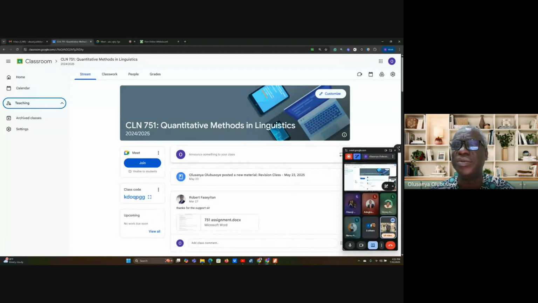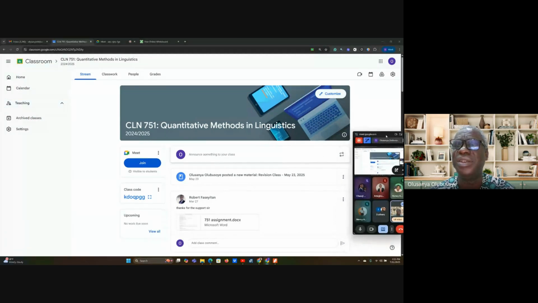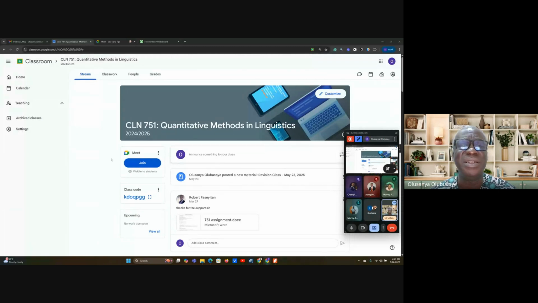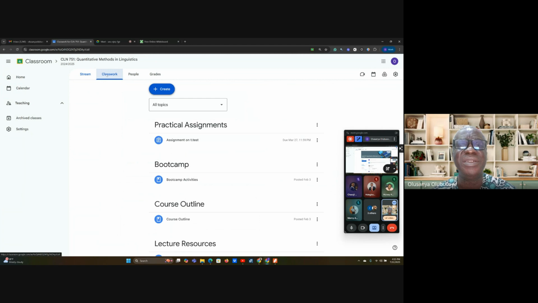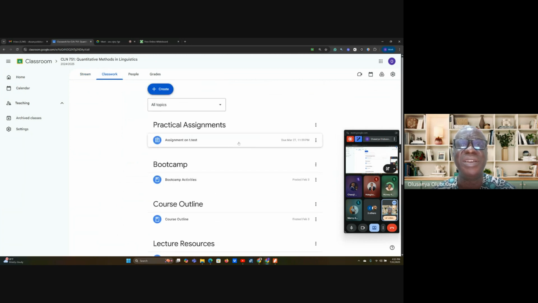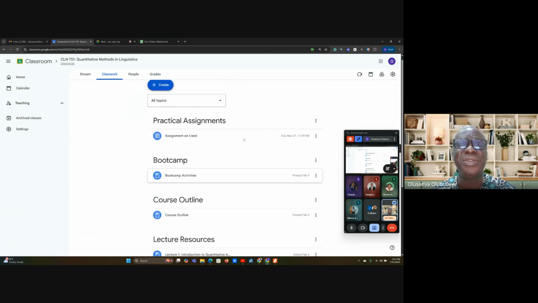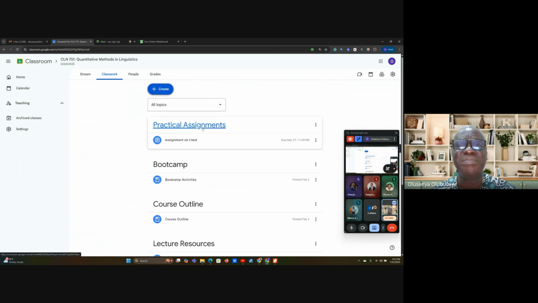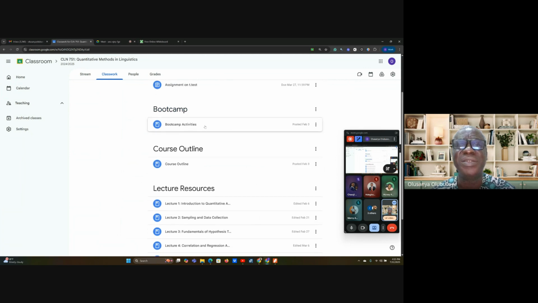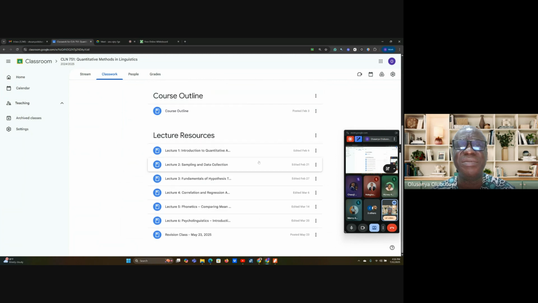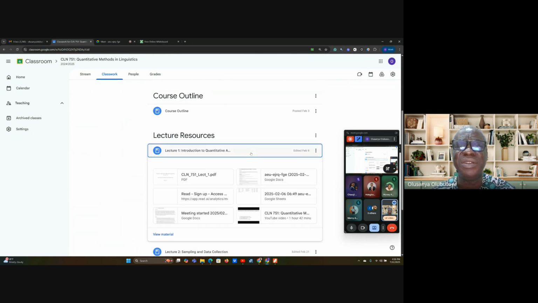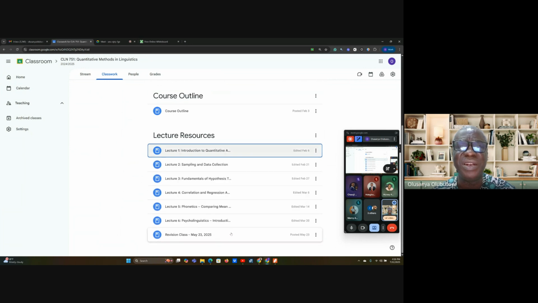That will take you to the class, and then you'll be able to see your fellow classmates and the facilitator. On this page, that's where you see materials, including past practical assignments and some recorded lectures and materials, the materials and resources we used for your seniors, the pioneering students.